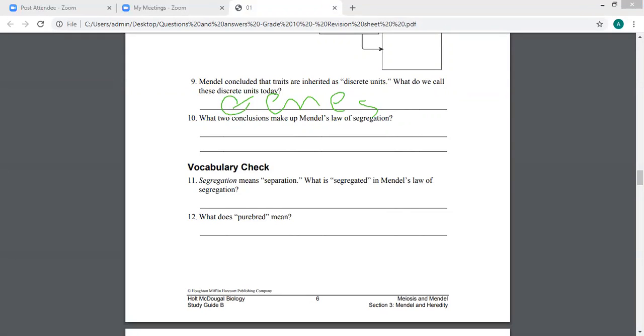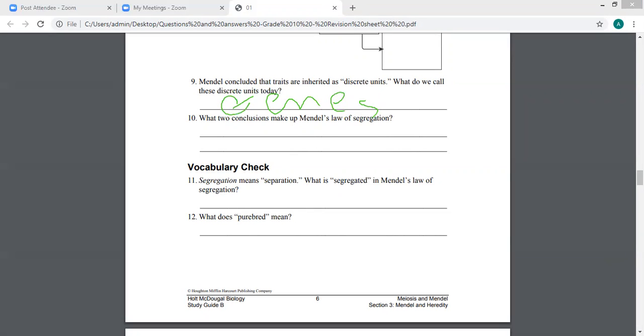Number 10. What two conclusions make up Mendel's law of segregation? Organisms inherit two copies of each gene, one from each parent. Did you read that from the revision sheet or the book? The book. I want the answer from your mind, please. Okay, complete. Organisms donate only one copy of each gene in their gametes.